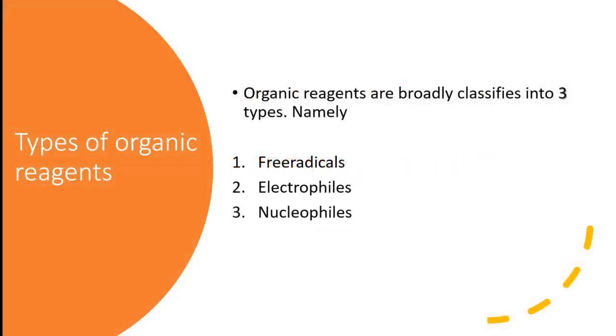Organic reagents are classified into three types, we said. So how many types of organic reagents are there? Three types, namely free radicals, electrophiles, and nucleophiles.